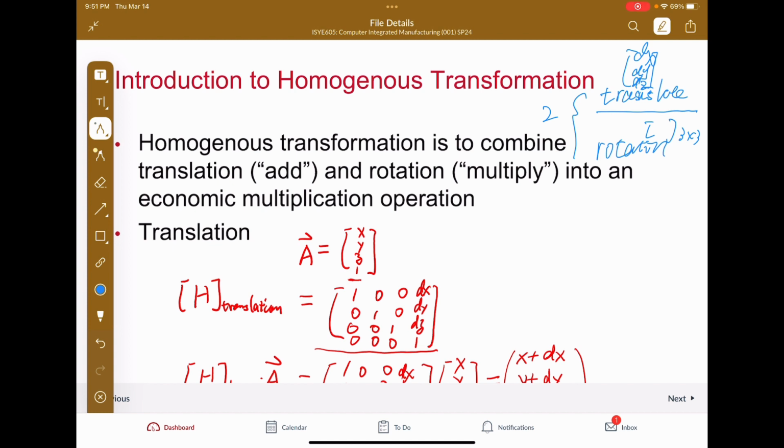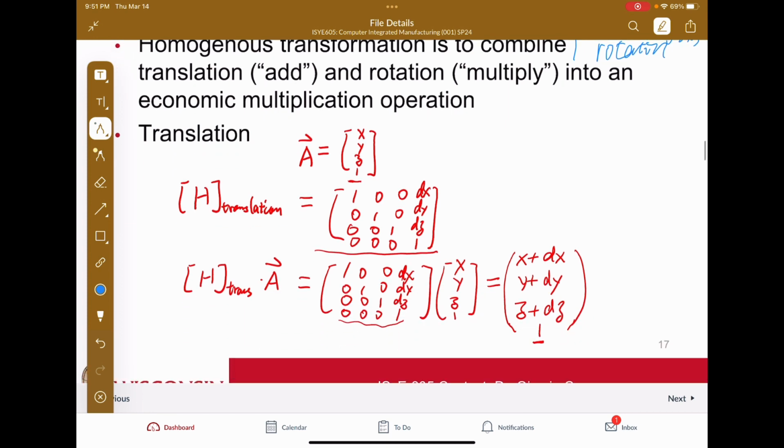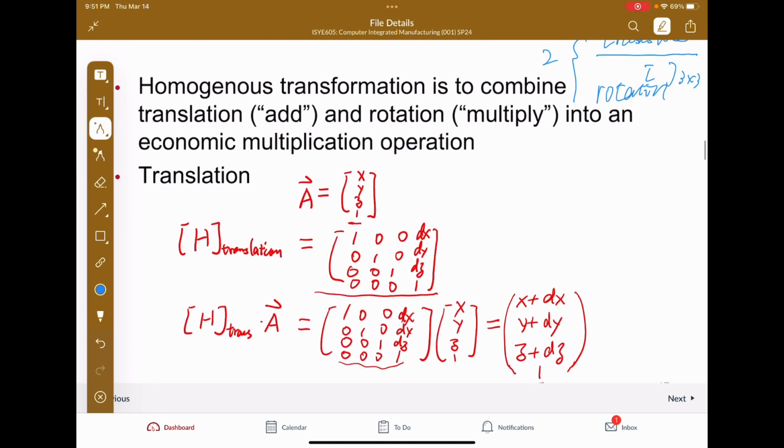In order to integrate these two, for both translation and rotation, we want to use just one matrix to do all of them, so we don't need to change the format of the matrix. So we introduce the homogeneous transformation. We combine translation and rotation to make the homogeneous version a 4×4 matrix.